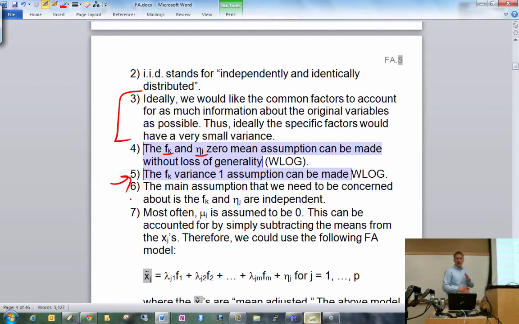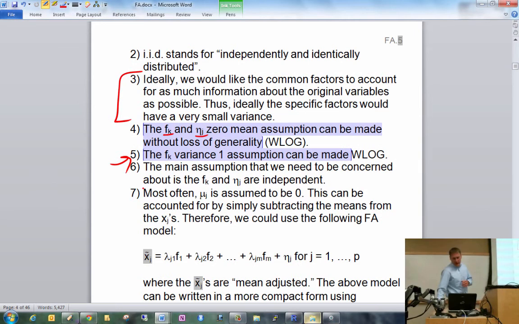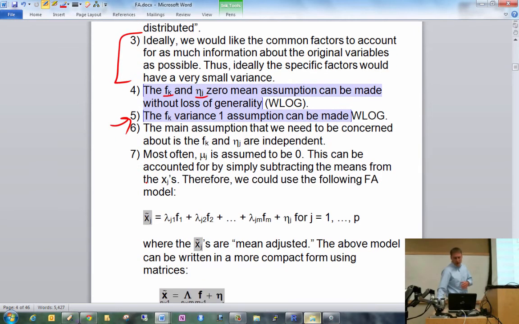We can always change the lambdas if we needed to get it into a new factor that had a variance of 1. An assumption, though, that the model makes that, unfortunately, we can't really check or deal with, is that these f's and these etas are independent of one another. There's not a good way to check this.